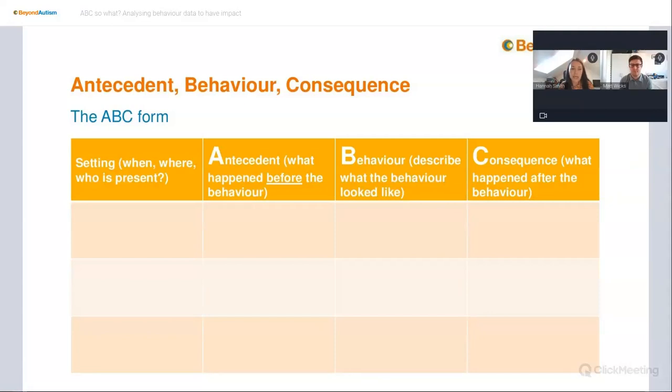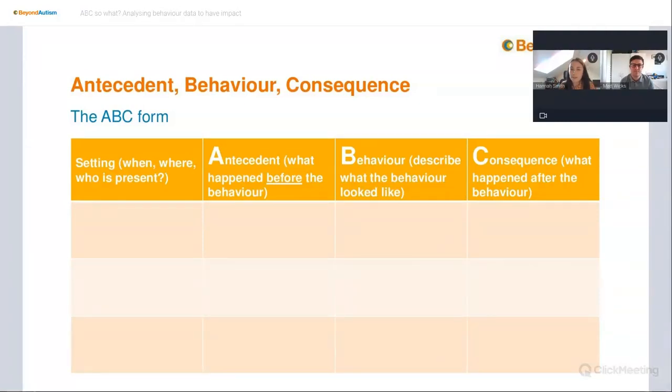So instead of writing something like meltdown or tantrum, being really specific about what those behaviours were that you observed, so whether it was kicking, hitting, shouting, etc. The purpose of that really helps us to then be really clear across people supporting the young person of what those behaviours are. And then the consequence.